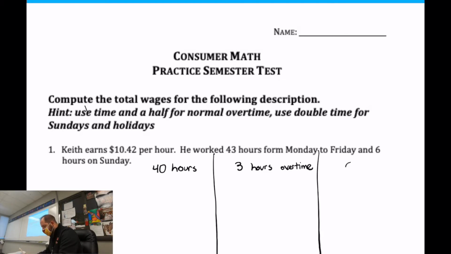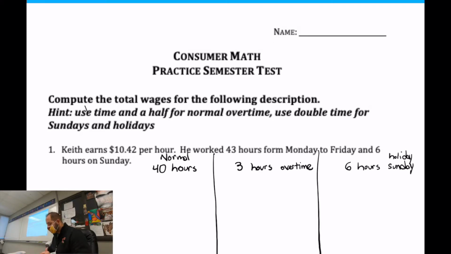6 hours on Sunday. So when I do these problems, I make 3 categories. I make 3 columns. The normal hours, the overtime, and then anything if there's a holiday or Sundays. So that's how I always make my 3 columns. I would strongly suggest when you get to your semester test, you do the same thing.